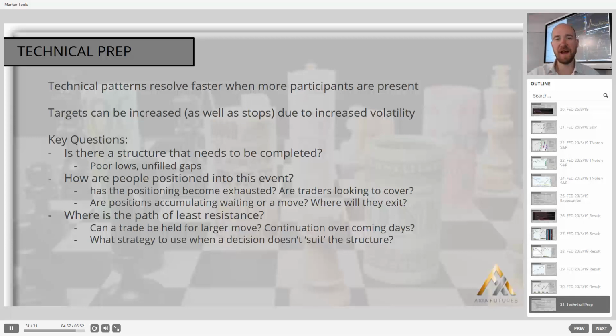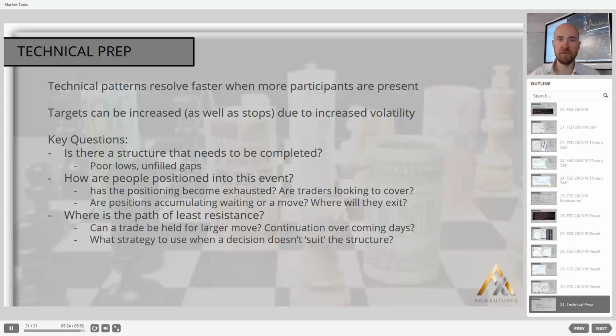If you have a bullish market and you get a decision that implies a bearish move, how likely is that move to continue? Is it likely to have bigger washbacks in it? What strategy do you need to use to accommodate that? So make sure you're asking yourself those questions, and do it for every market that you're considering trading, or even the markets that are related that you're going to be looking for correlations.